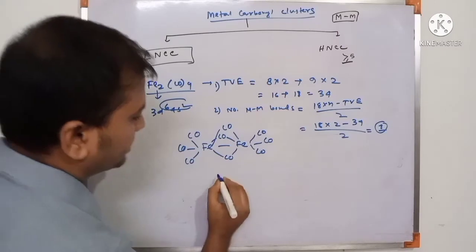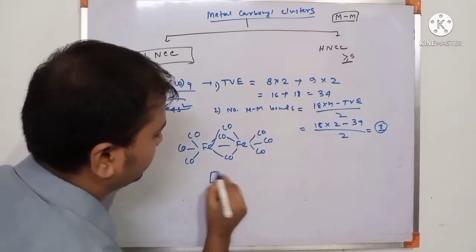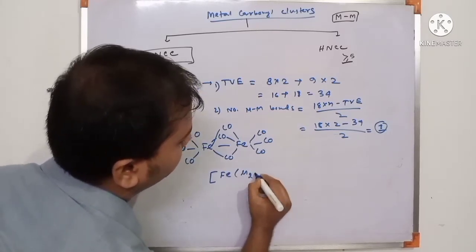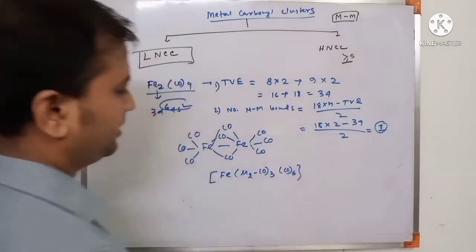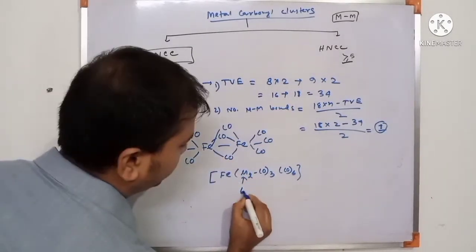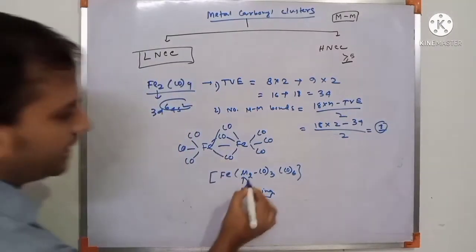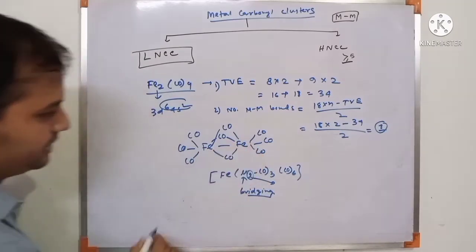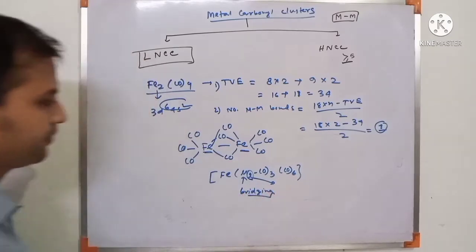So the actual structure is iron, and the actual formula is Fe2(μ2-CO)3(CO)6. Where μ defines the bridging position, and the 2 defines the number of metal atoms bridged. There are 2 metal atoms bridged, so there is the 2.